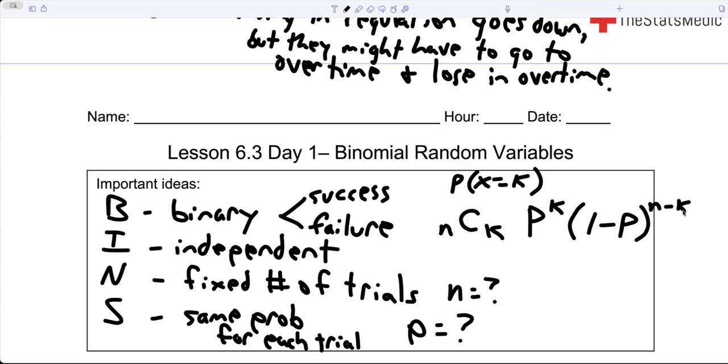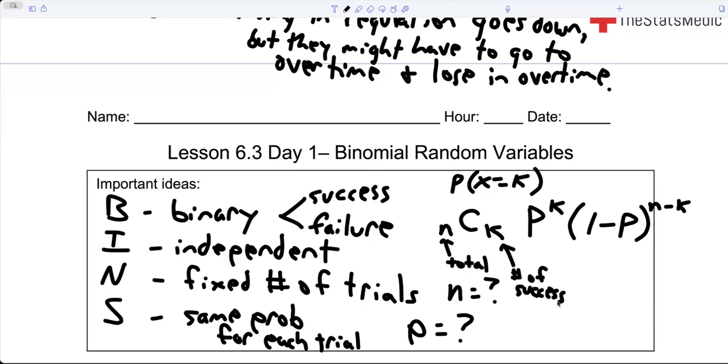So again, let's define these. N is the total. So in the previous example, it was the total number of shots. K is the number of successes. Okay, so this N choose K, that's a combination, right? So it's looking at the number of successes you could have out of the total.